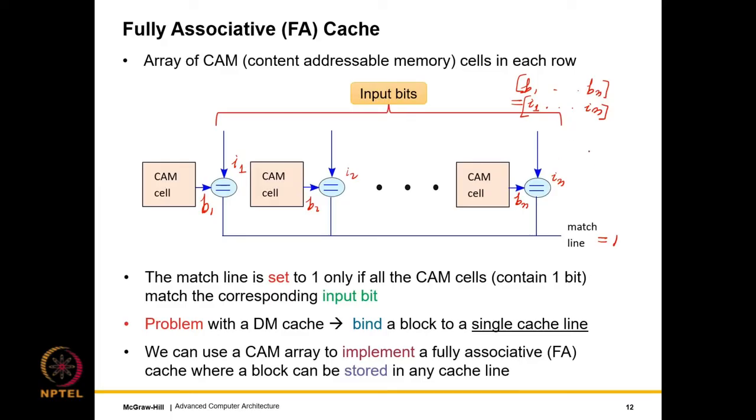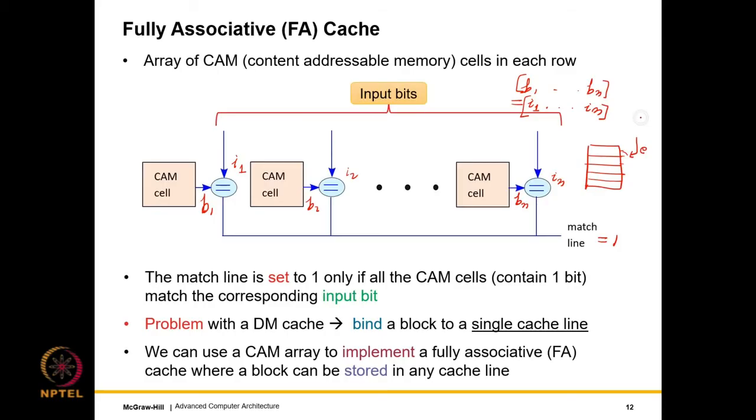So what we have in a CAM cell is an array of entries, right? And also we have an input entry. So the input is the content. So the entry will typically match with one of them.